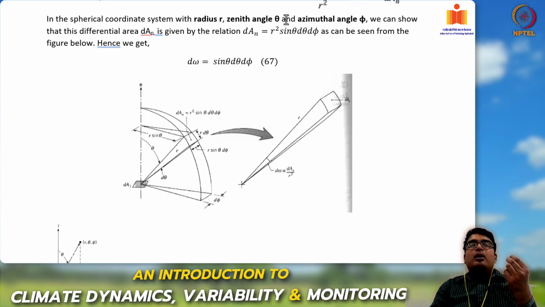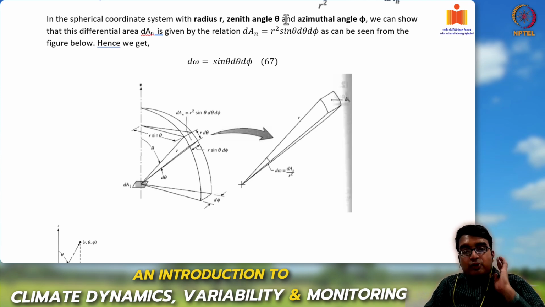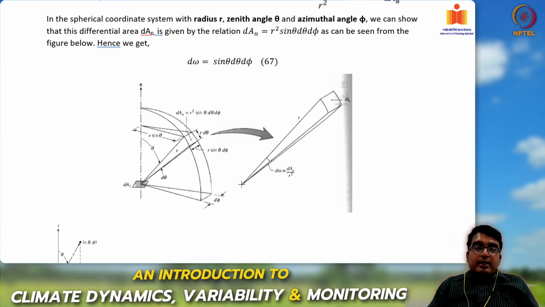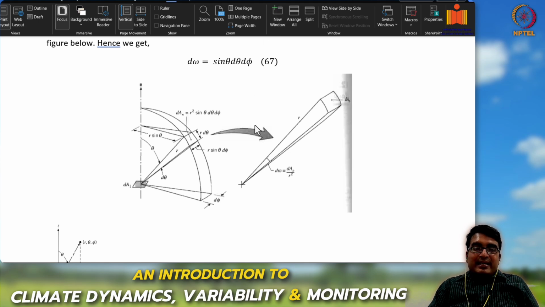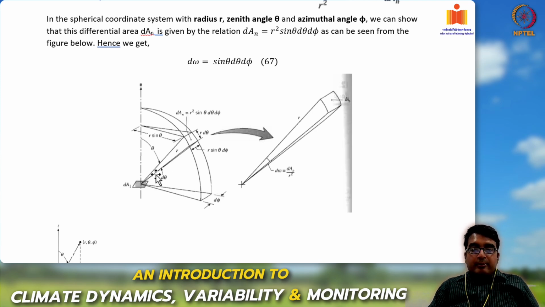So if you see the analogy between how we define the latitude angles and longitude angles for Earth, the zenith angle is basically 90 degrees minus the latitude angle. Remember, the latitude angle is the angle from the equatorial plane to this radius, whereas the zenith angle is the angle between the axis and this radius.